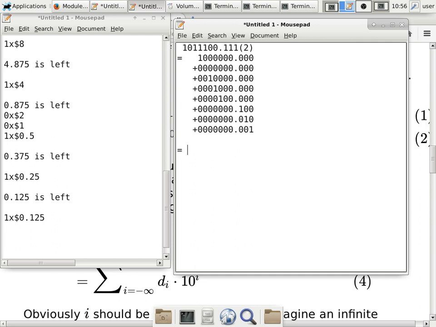So now the question is, what is the value represented by this binary number? By counting the number of zeros, you can kind of tell that it's telling you the quantity of a particular power of 2. So the question is, we have one of which power of 2? Well, let's do some counting here.